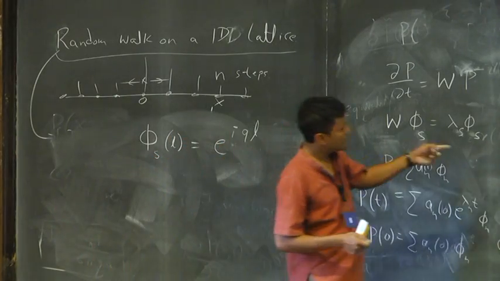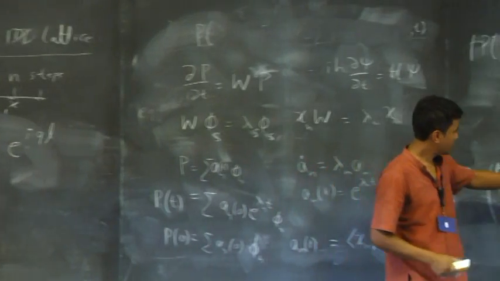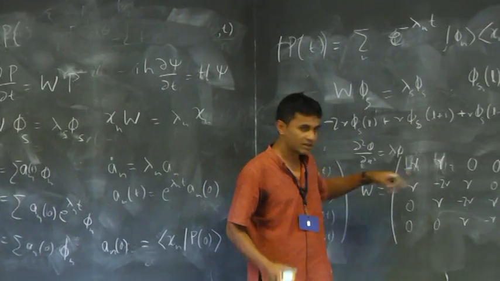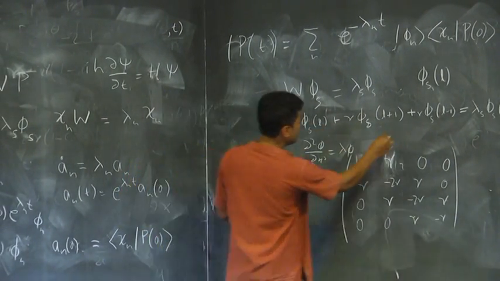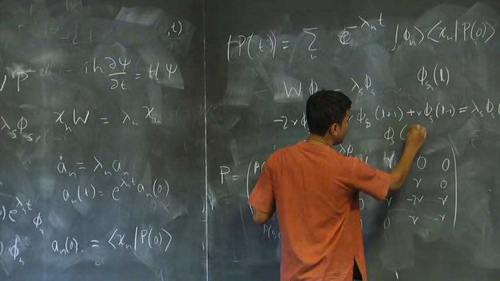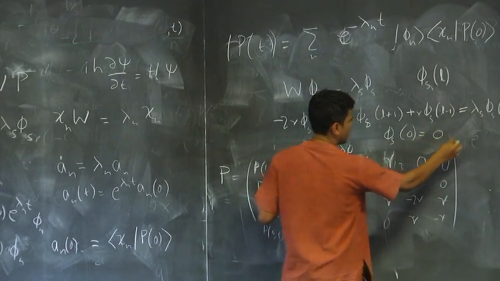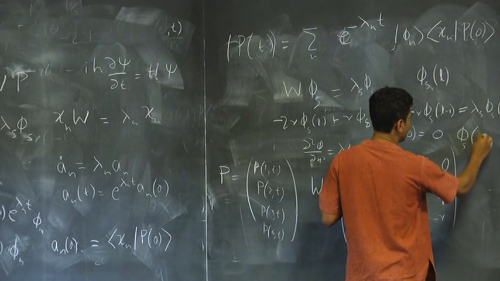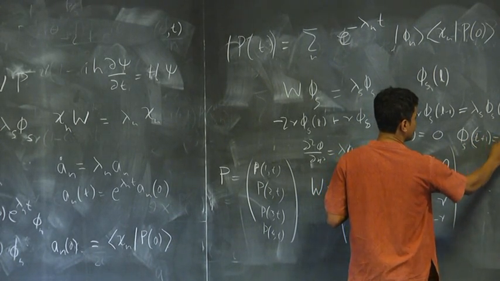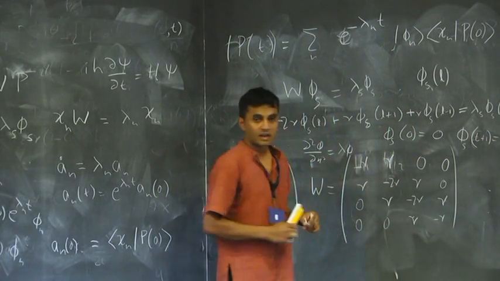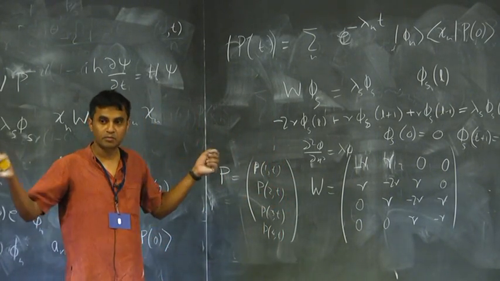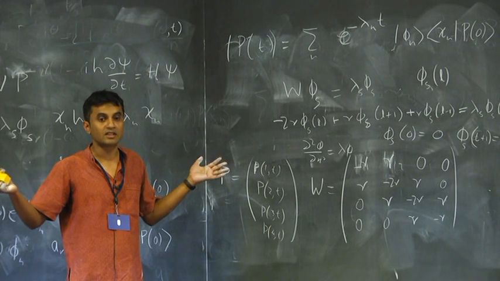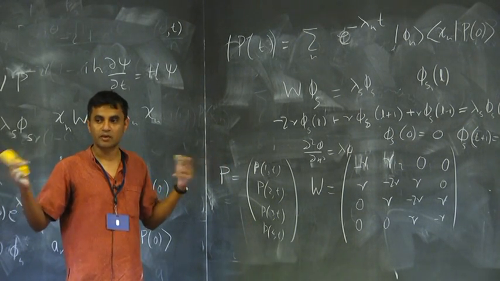Now, you have to take this equation with the boundary conditions that phi s at 0 is equal to 0 and phi s at L plus 1 is equal to 0, because you can just imagine that for whatever lattice you had, at the endpoints 0 and L plus 1 there is nothing there, so you can't come from those sides.